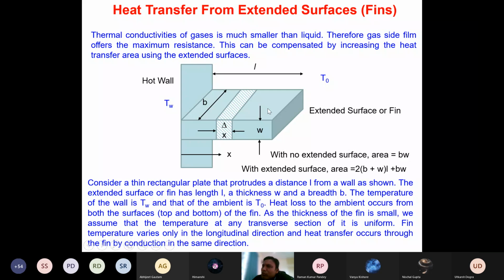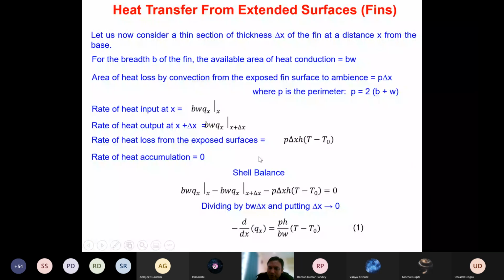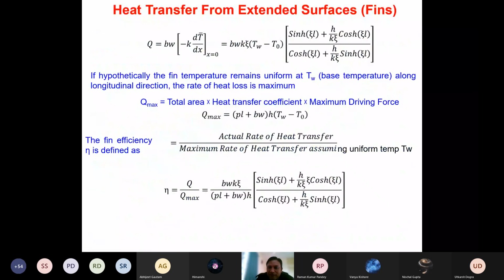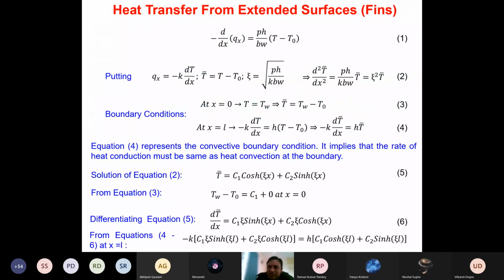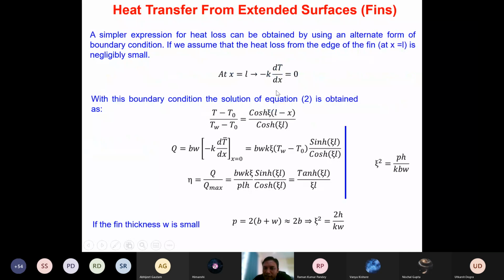So even though this area is there, it's not contributing to the heat transfer at all. So only P L is required. Do you agree? The assumption is that there is no heat flux when I reach x equals L. That means that area B W is not at all important to me. Do you agree? Sir.